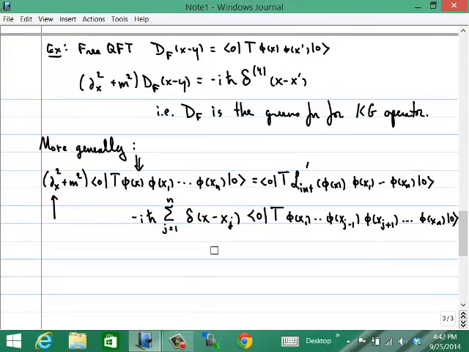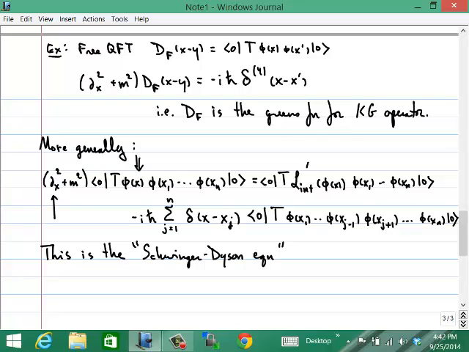So this equation is quite famous, and it's known as the Schwinger-Dyson equation. Before Feynman came along, this is how people studied the perturbative computation of correlation functions in quantum field theory.